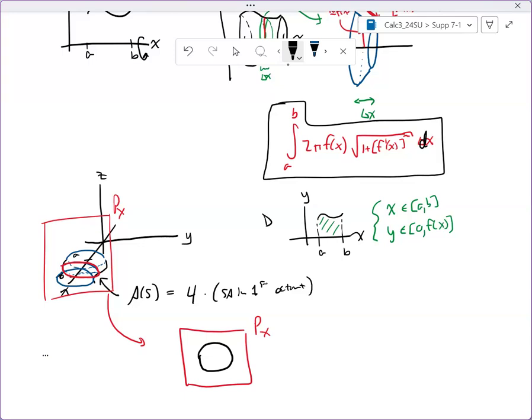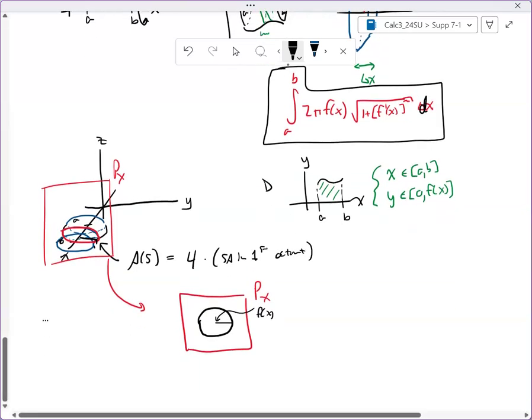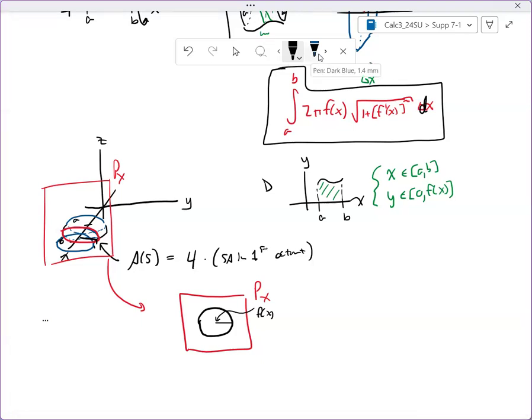What's the radius of this circle? That would be an important thing to know. Well, it might be a little hard to see now, but I know that the distance of this curve away from the x-axis is always going to be f of x. So this circle has radius f of x. Once we pick x, for a given choice of x, this is a constant. That's the radius at that point on the x-axis.